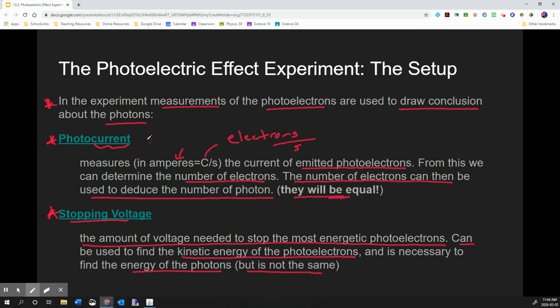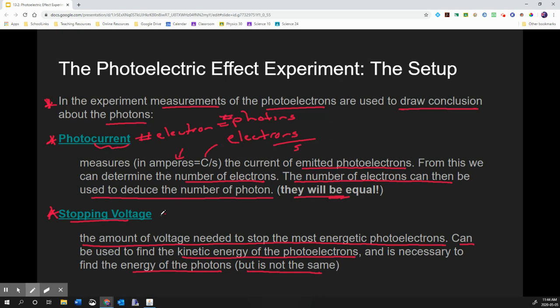But in the end, we have three variables that we can play around with, but two things that we're going to keep track of. Number one, the photocurrent, aka the number of electrons, which we expect to be the same as the number of photons.